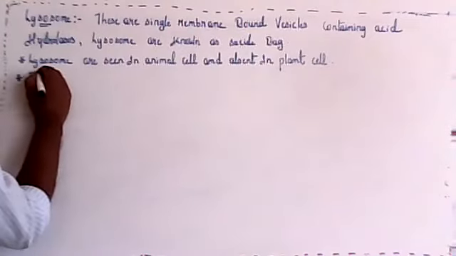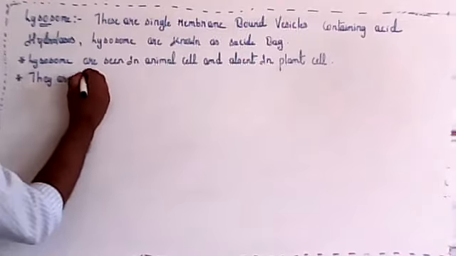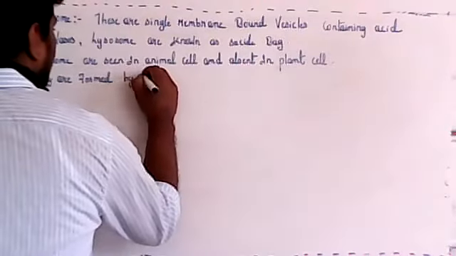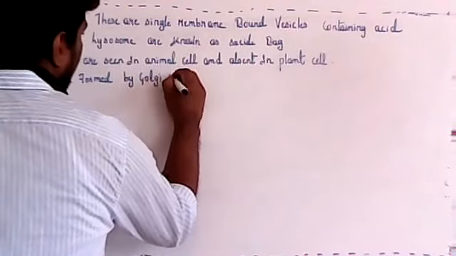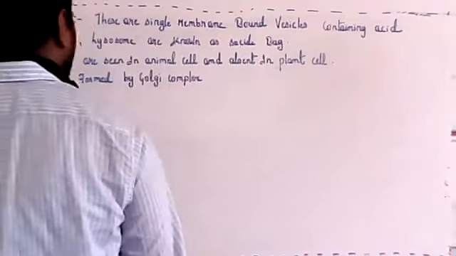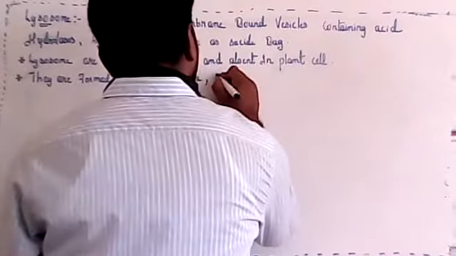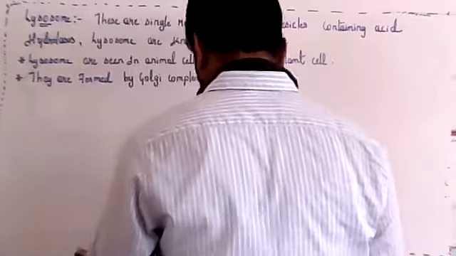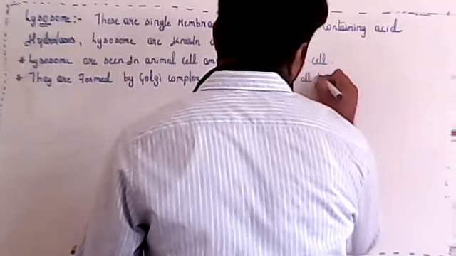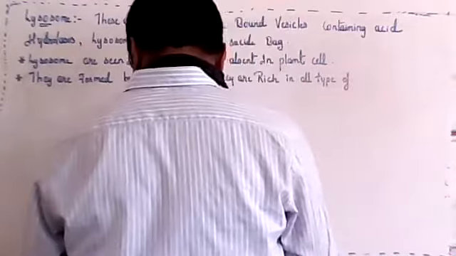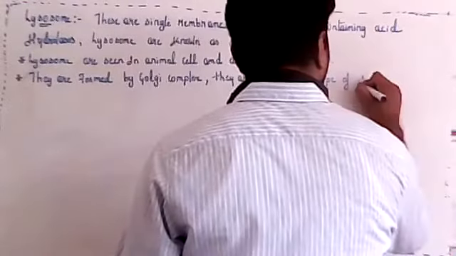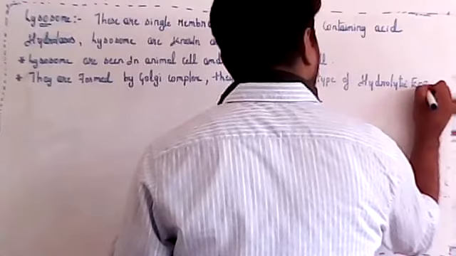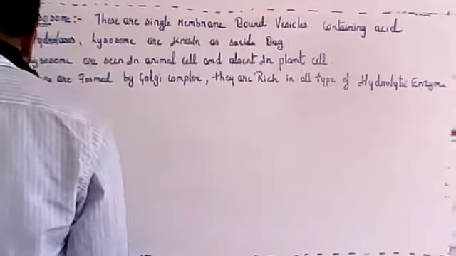They are formed by the Golgi complex. They are rich in all types of hydrolytic enzymes.